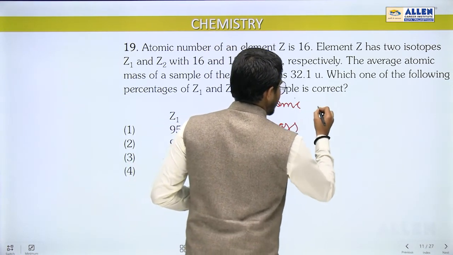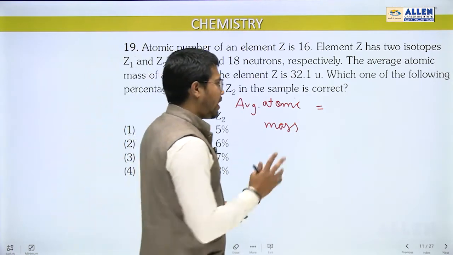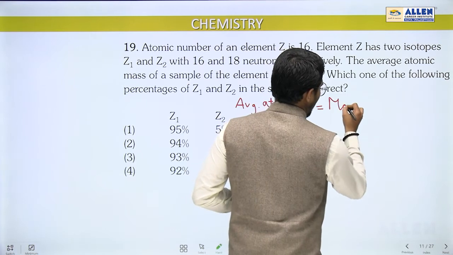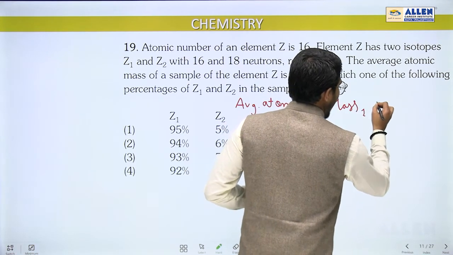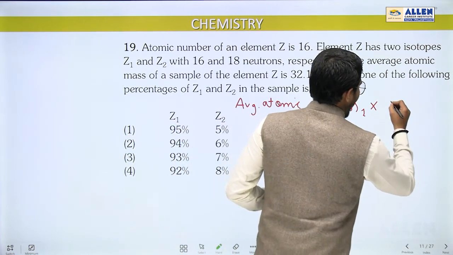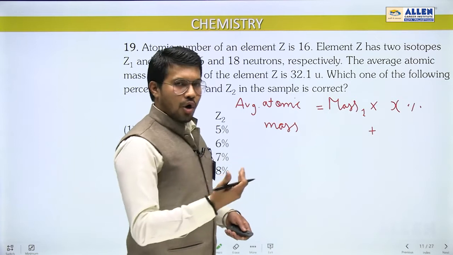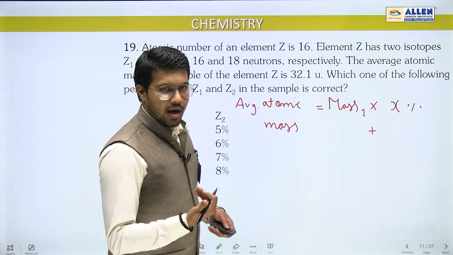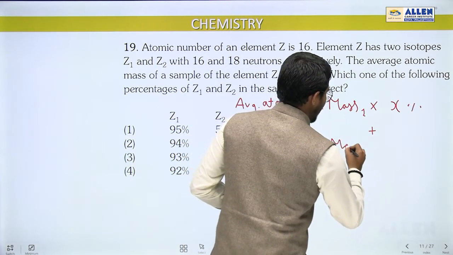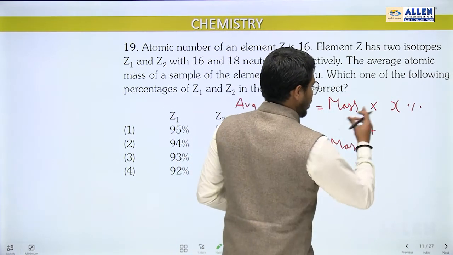If we have 2 atoms that are isotopes of each other, then we take the mass of atom 1 into the percentage in which it is found, let's say X percentage, plus the mass of the second atom, which, since these 2 atoms are isotopes of each other, will have a different mass.